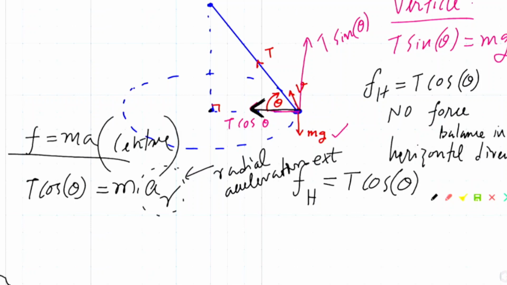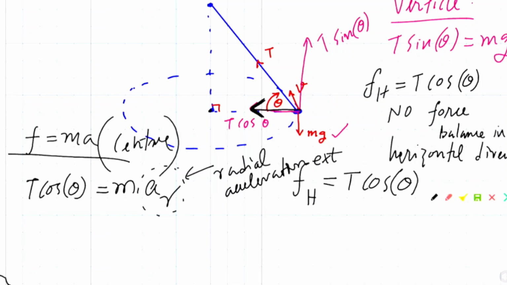Why do we call it radial acceleration? You can see it is radially inward. Okay? Keep this in your blood now.